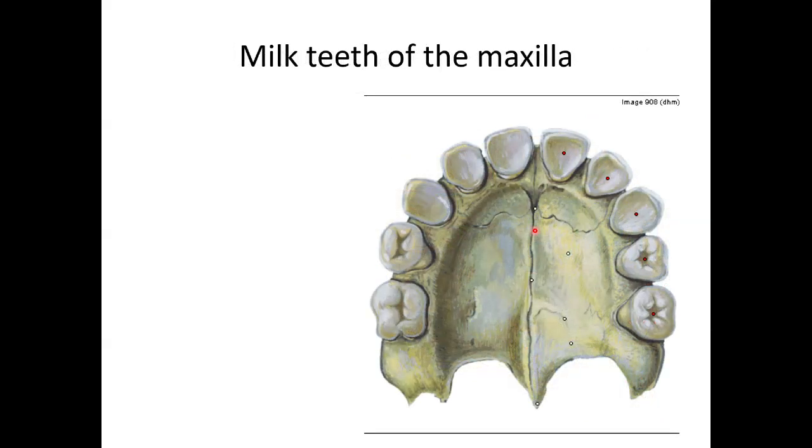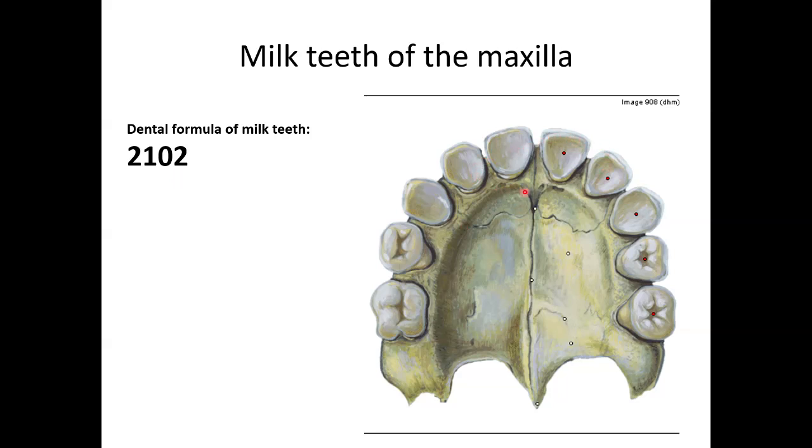So we can find the so-named formula of deciduous or milk teeth like 2102. What is it?